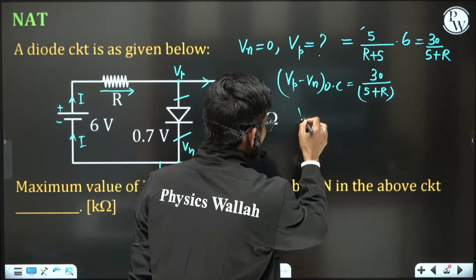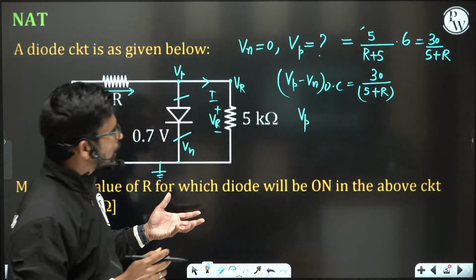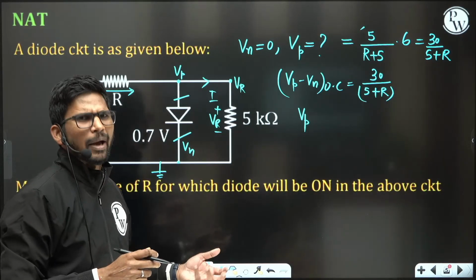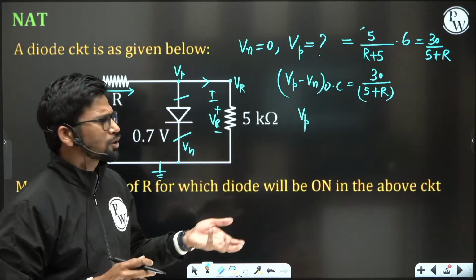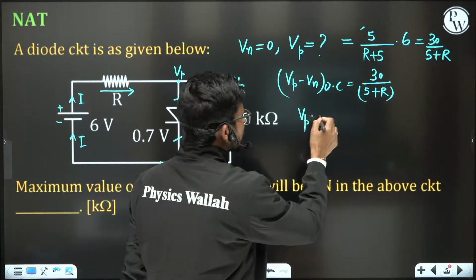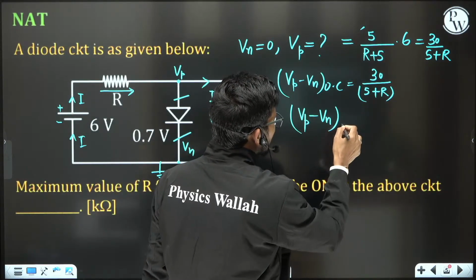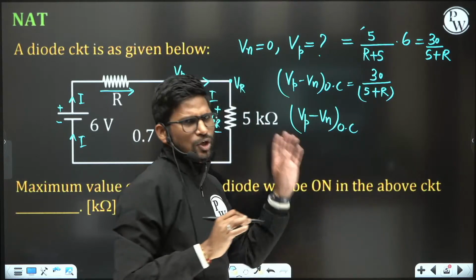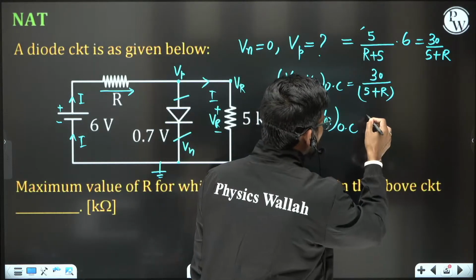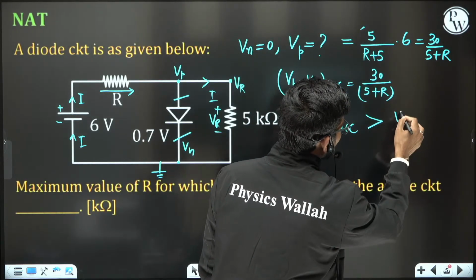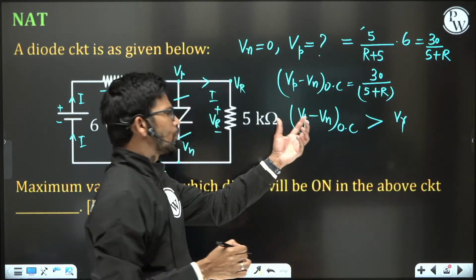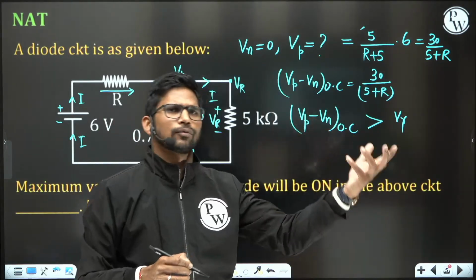If I need to find the maximum value of R for which this diode is on, the diode will be on as long as the open circuit voltage Vp minus Vn across the diode is greater than V gamma. If this open circuit voltage is less than V gamma, then the diode will be off.